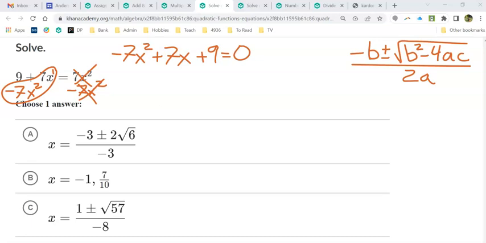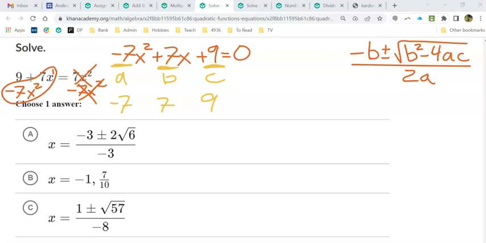Now we're going to go through and identify our a, b, and our c value. First term is a, second term is b, last term is c. So a is negative 7, b is positive 7, and c is positive 9. Now you're going to take those three numbers and put them into the equation.